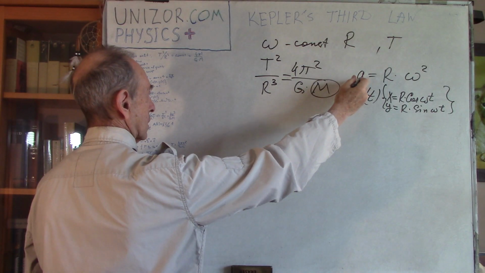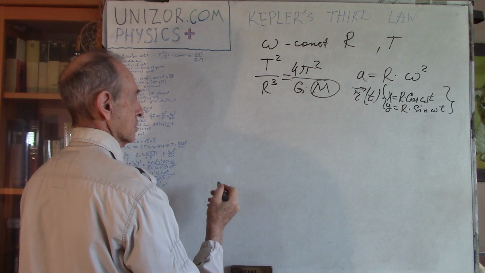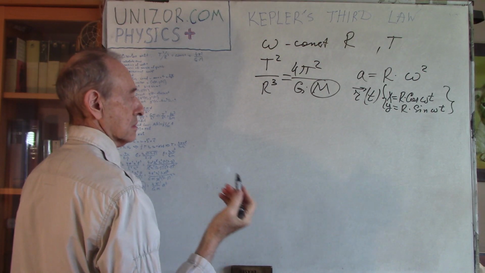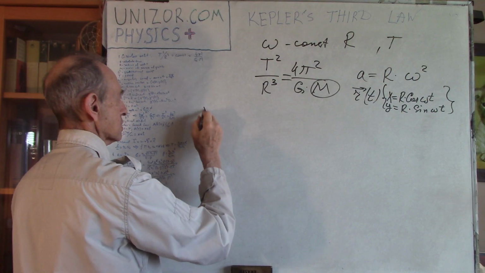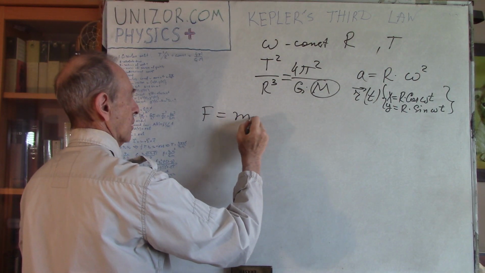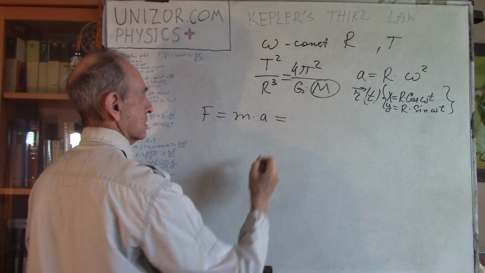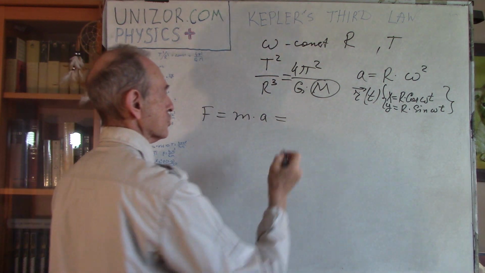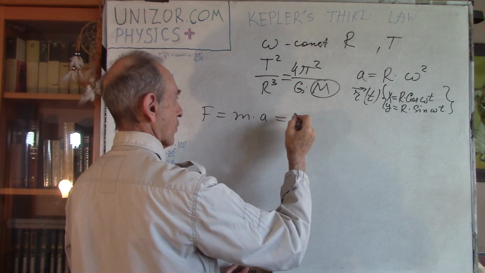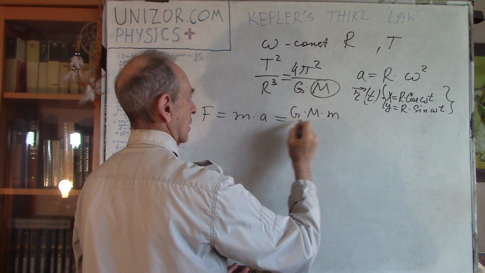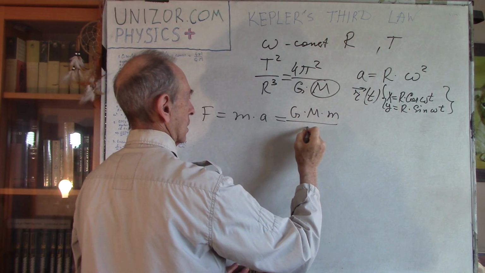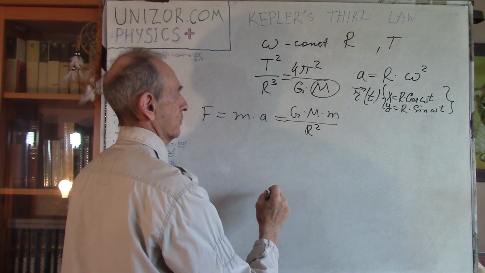Now, if I know the acceleration, I can use the second law of Newton, which is F equals ma, and the universal gravitation law, where the same force F is equal to G M m divided by r squared, right?